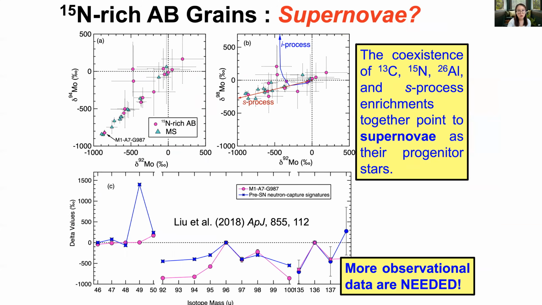In comparison, nitrogen-15 rich AB grains exhibit larger s-process enrichments than nitrogen-14 rich AB grains. And given their large carbon-13, nitrogen-15, aluminum-26, and s-process enrichments, we proposed that these grains could also be type 2 supernova dust grains in this paper.